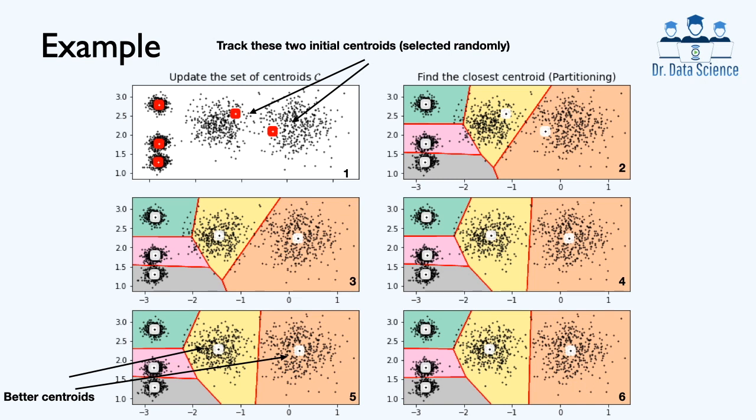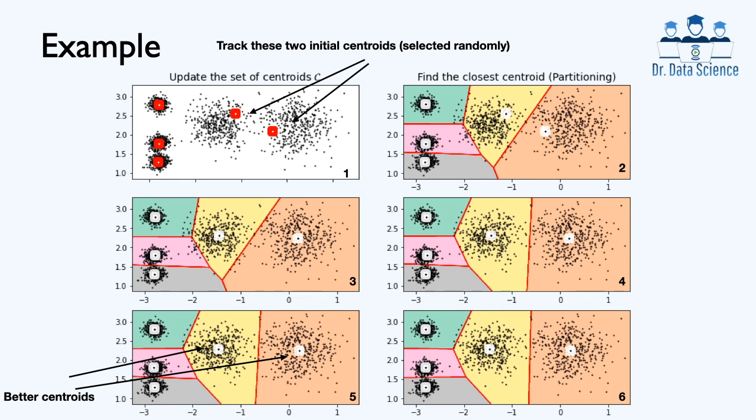We start with the figure on the top left, figure 1, where we have 5 centroids, and I want you to pay attention to the 2 centroids on the right side. These centroids are selected randomly. That's one way to initialize the K-means clustering algorithm.